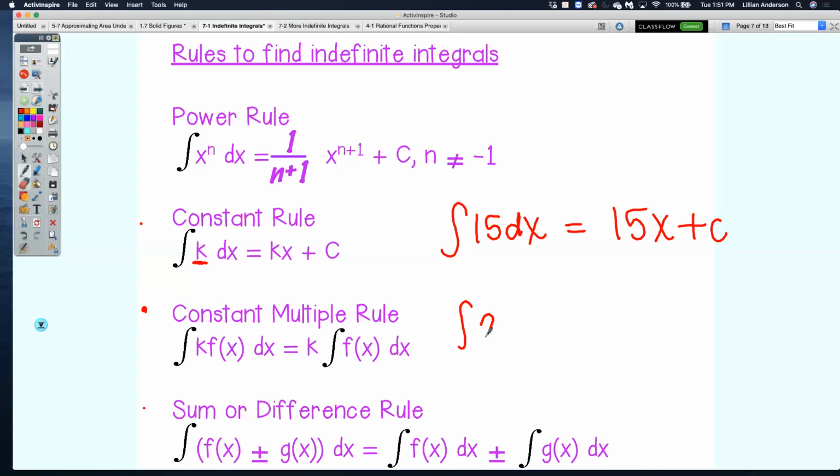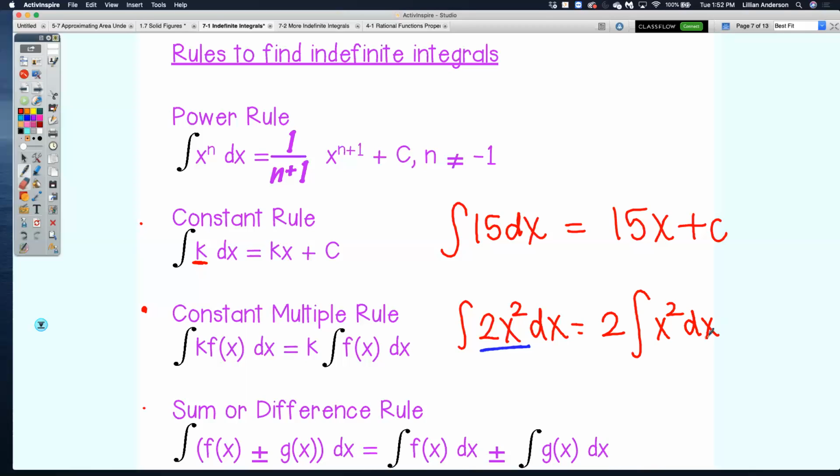Let's say I have the integral of 2x squared dx. Well, 2x squared is technically my function, but I have a constant of 2 in front of that x squared. So I could pull out the 2 and then just do the antiderivative of x squared, and whatever I get, I multiply it by 2.